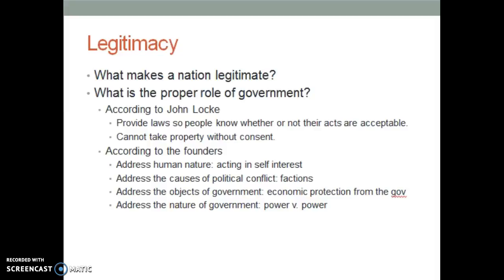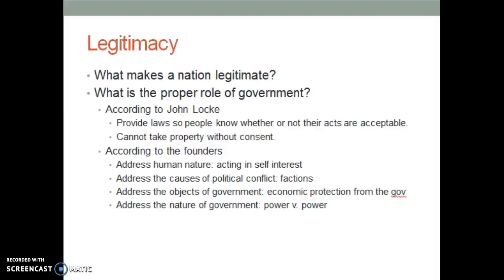So human nature: the government needs to address the fact that man acts in his own self-interest, and if we don't have rules in place to prevent that from happening, then we need rules in place to prevent one person from taking over in their own self-interest.